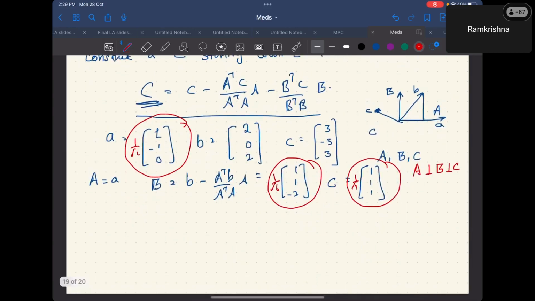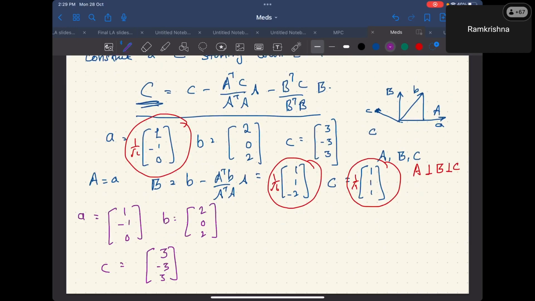Okay, to summarize, A is 1, -1, 0, B is 2, 0, 2, C is 3, -3, 3. Q1 is A over the magnitude of A, and A remains the same, so 1 over square root 2 times 1, -1, 0.